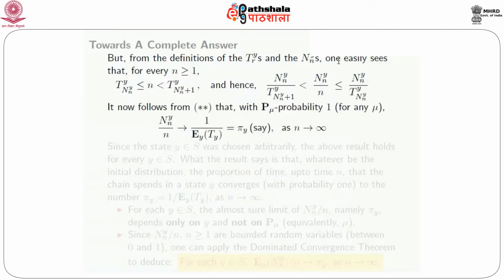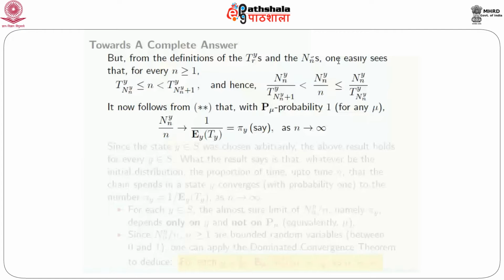And now if you look at the last two inequalities, N_y over n is bounded by two quantities on two sides, but for the two quantities on two sides we have just shown in double star that the reciprocals of both of them go to E_y T_y.